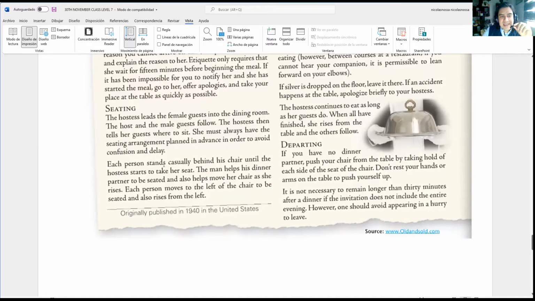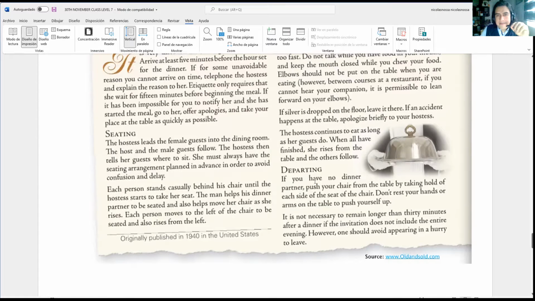Each person stands casually behind his chair until the hostess starts to take her seat. The man helps his dinner partner to be seated and also helps move her chair as she rises. Each person moves to the left of the chair to be seated and also rises from the left.